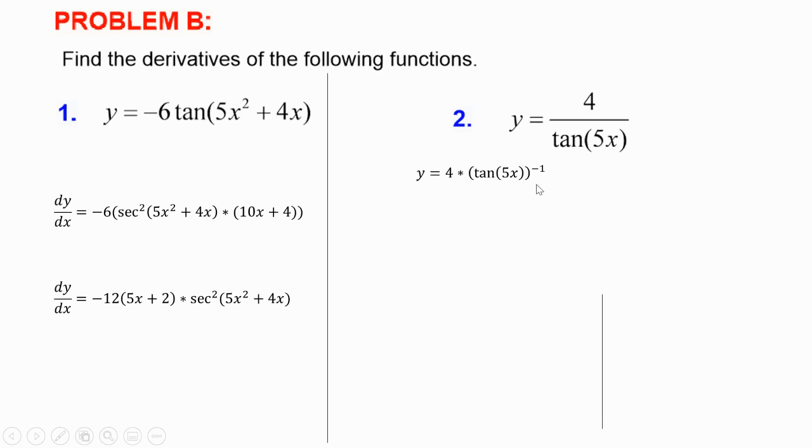So then I'm going to go ahead and use that same chain law again, right? So what would the chain law say? Multiply the minus 1 times the 4. There we go. So it's going to be the tan of the 5x to the minus 2. We haven't done anything with the tan yet. All we're doing is using that power law. So the minus 4 tan of 5x to the minus 2, that's the first part of this.